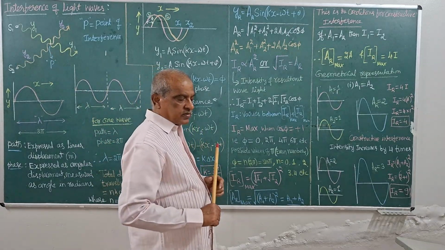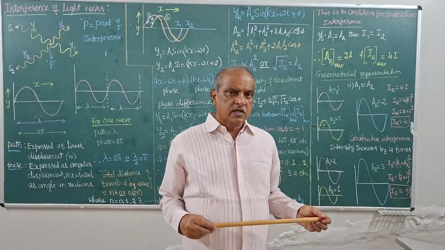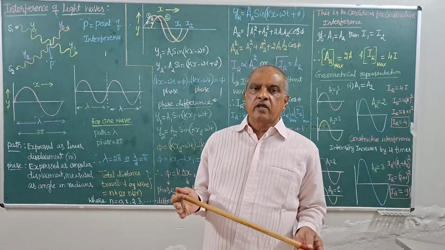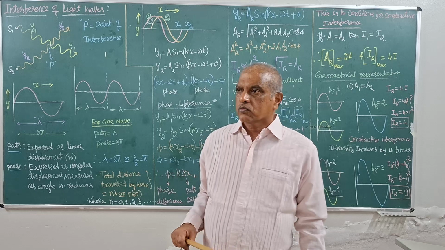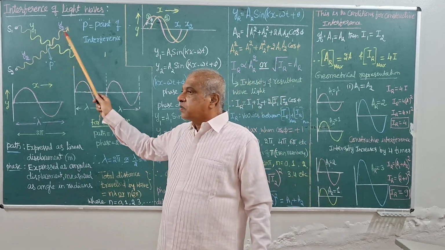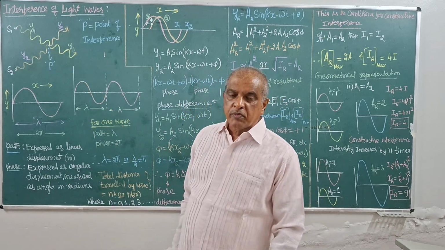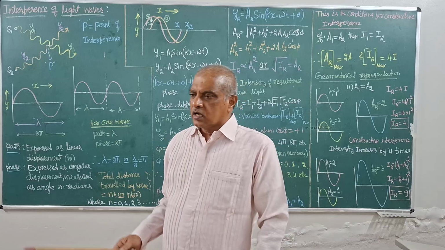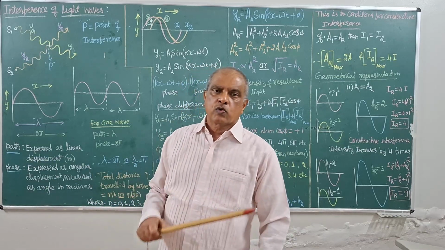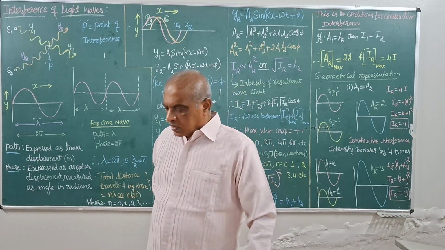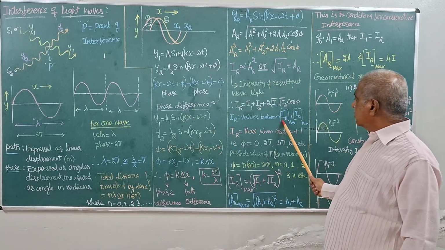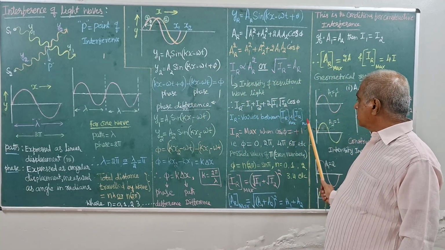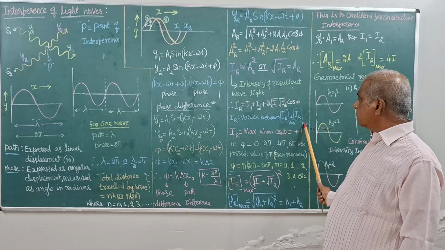The intensity of the light is always varying between two limiting values. That is, the intensity at the point is always varying between two limiting points: one is the highest value, the other is the lowest value. The highest value we call IR maximum, and IR minimum is the lowest value.